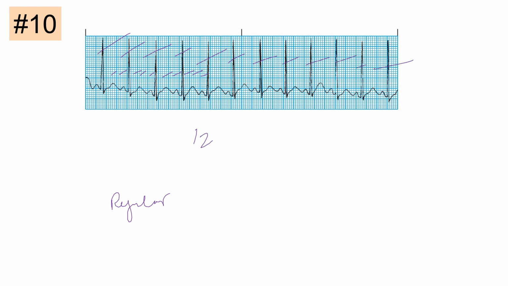So we're going to do 12 times 10, 120. So we have 120 beats per minute, so that's definitely tachy because it's over 100. What is the rhythm? Okay, so if we look, we have our QRS, and we also have a P wave before every QRS. So this is going to be sinus tachycardia.